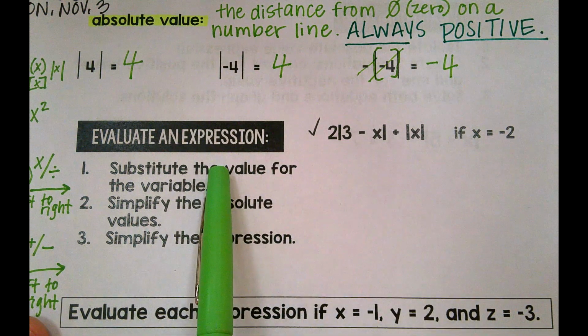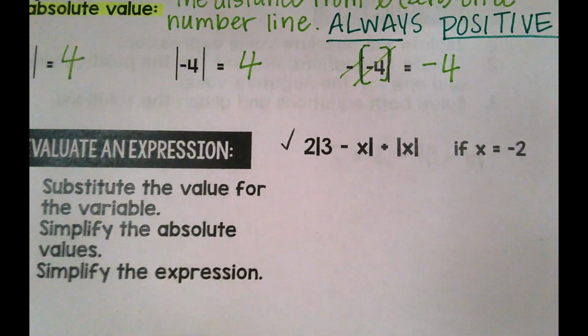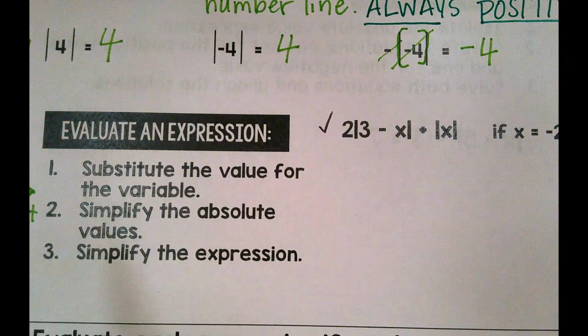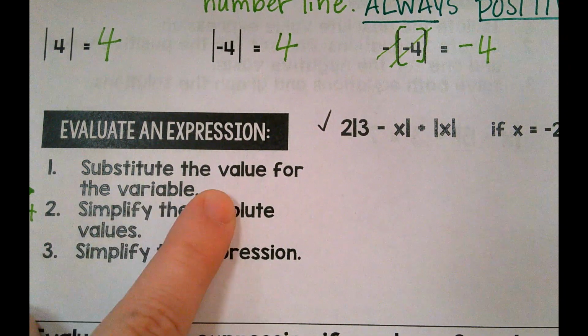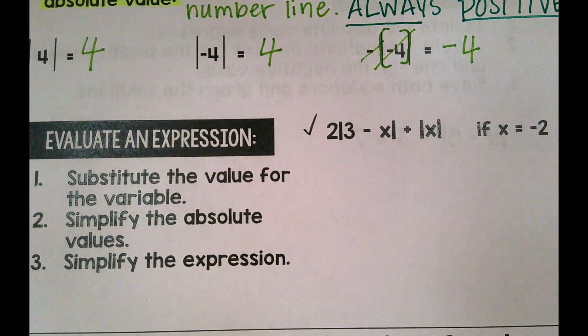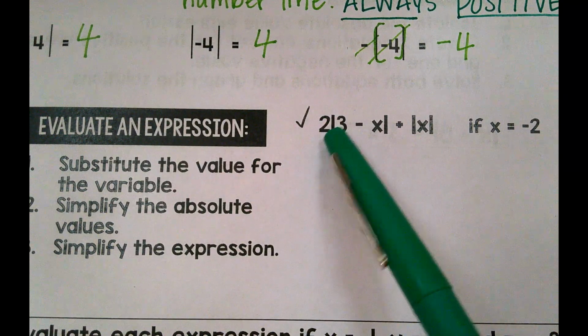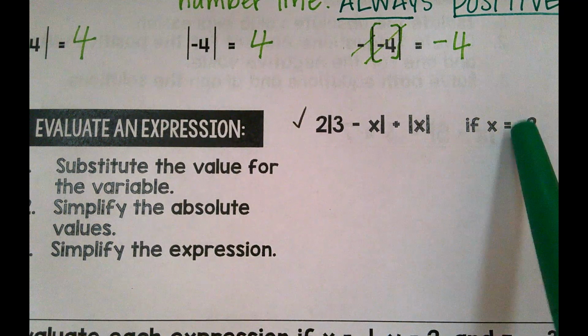We don't have to find X. So, we've got copies of this right up here. So what we're going to do is look at these 3 steps here. It says, step 1, substitute the value for the variable. So in this expression, it says X equals -2. That's the value, right?